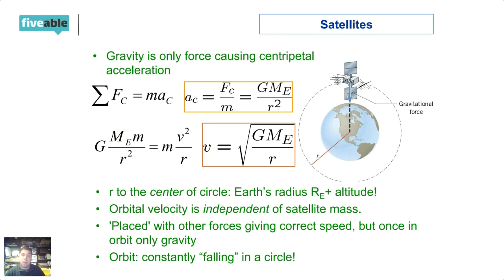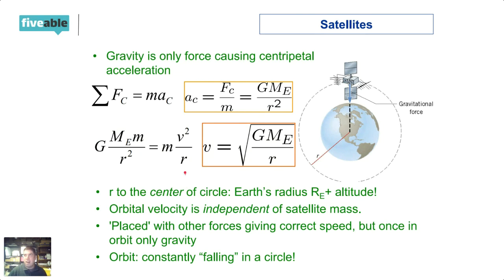It doesn't really matter. The mass of the object doesn't matter when you put it in orbit. All you have to do is make sure you have the right radius and the right velocity, and it will just go. The trick is getting it up there, of course, and that's why we have NASA and SpaceX and ESA and all the other agencies that do this stuff.